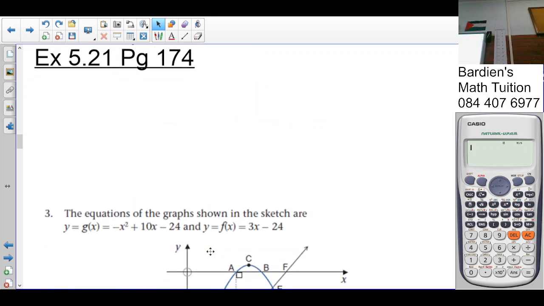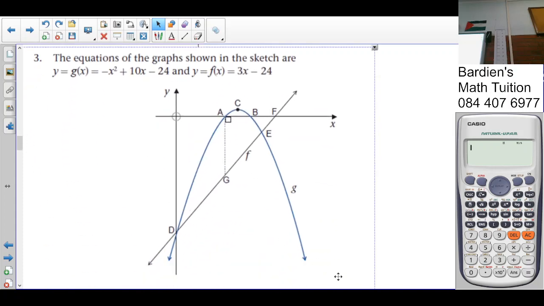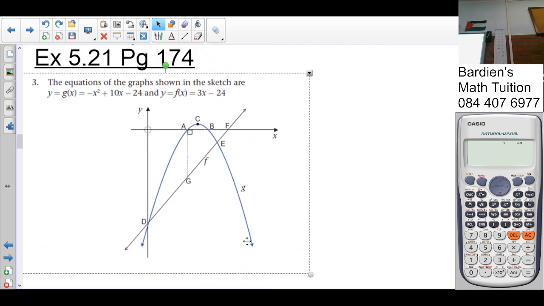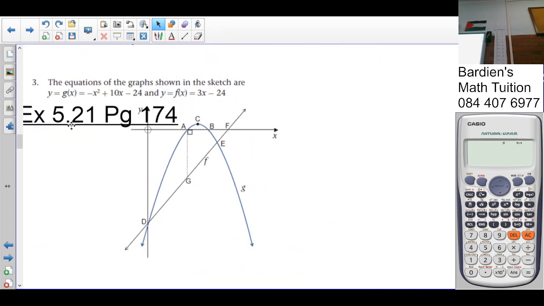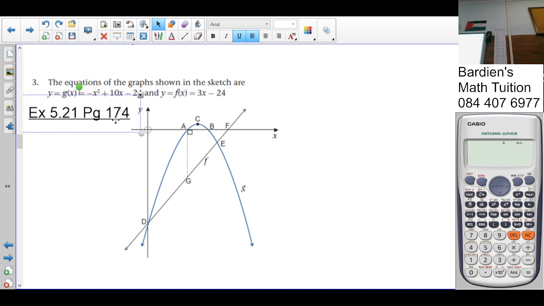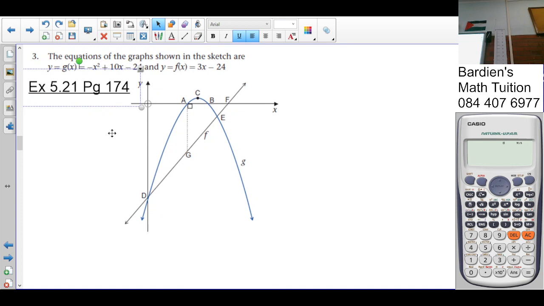Question 3. See, the same things get asked over and over again. So exercise 5.21 on page 74.